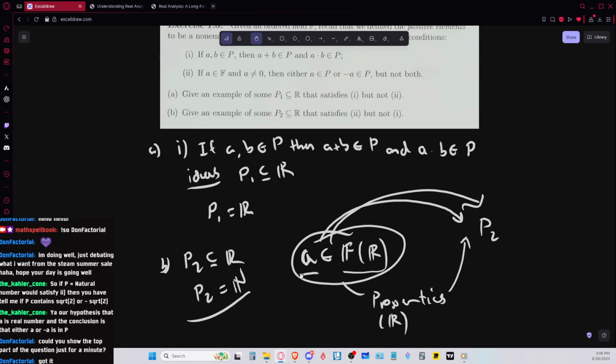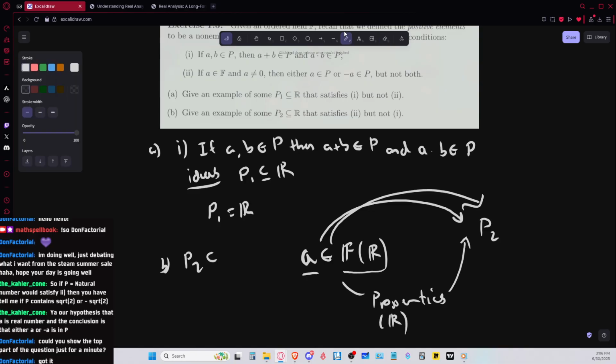So that means the natural numbers can't work because the square root of 2 is not a natural number. So it's always going to be the real numbers for this case. So that means we can't make P2 a certain set then.